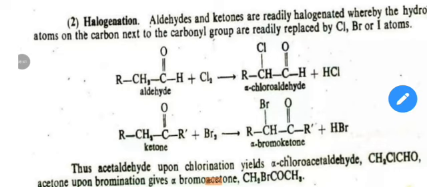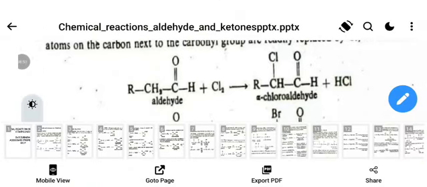Aldehyde, CH3CHO plus chlorine Cl2, forms alpha chloroaldehyde. Ketone is reacted with bromine to form alpha bromoketone.